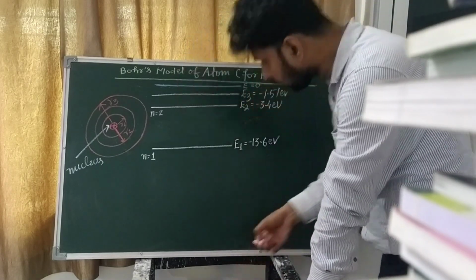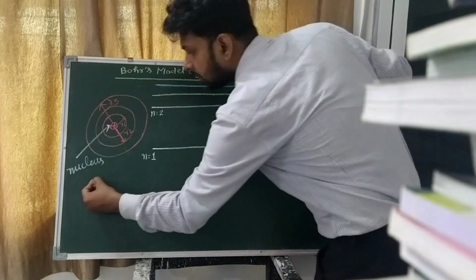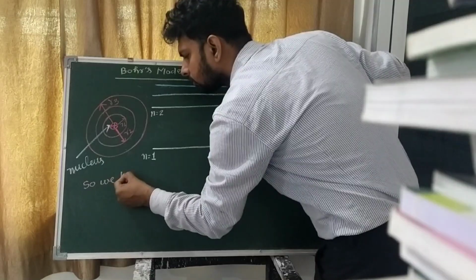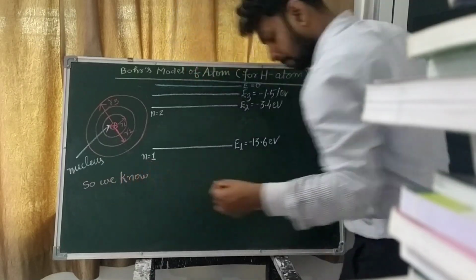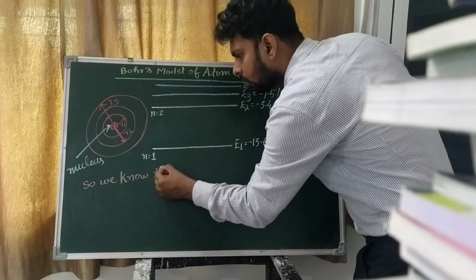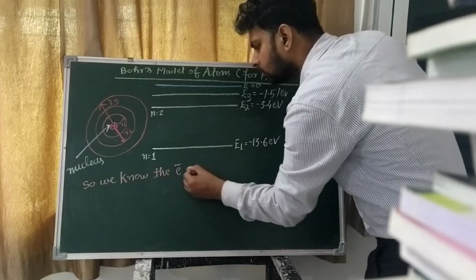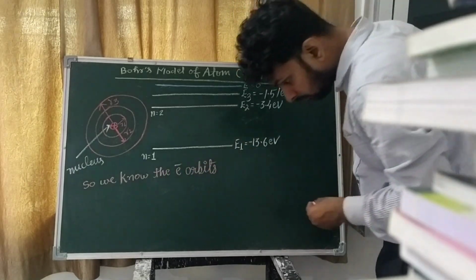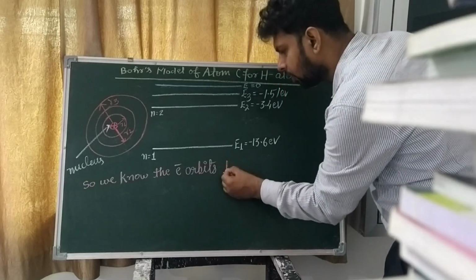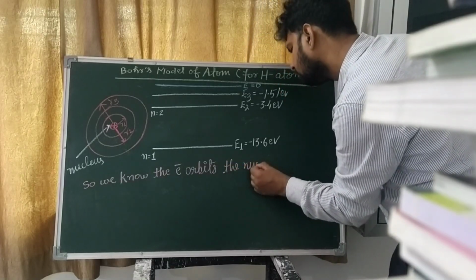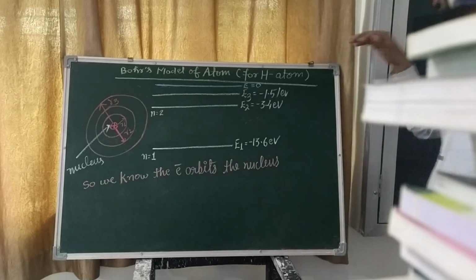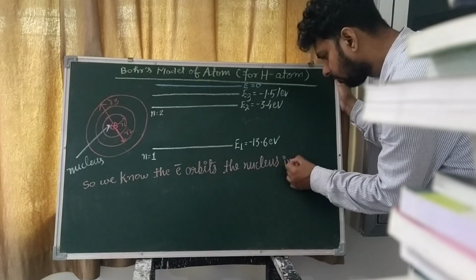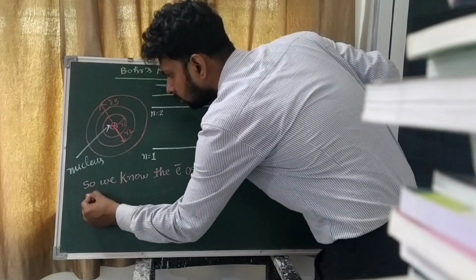So we know the electron orbits the nucleus in Bohr's model.